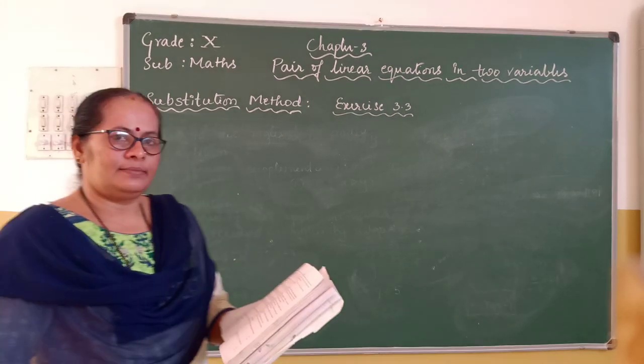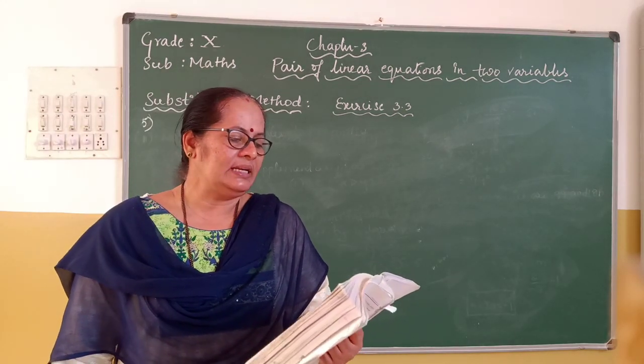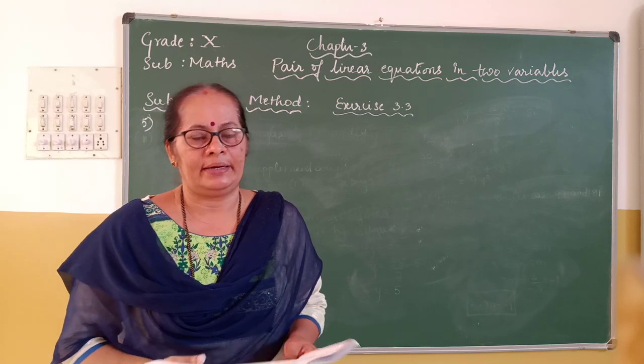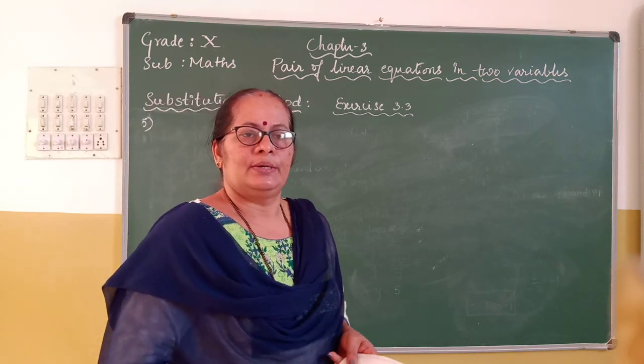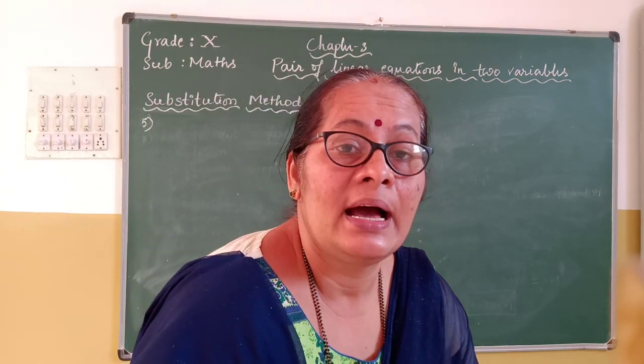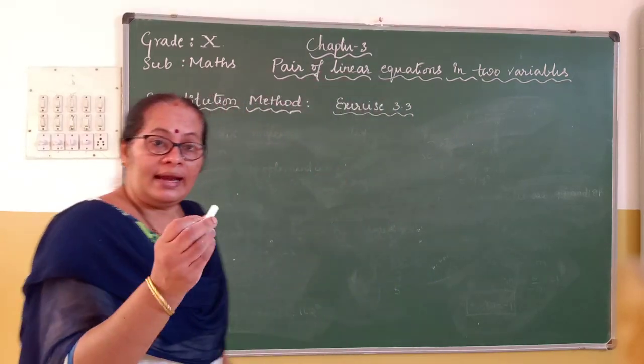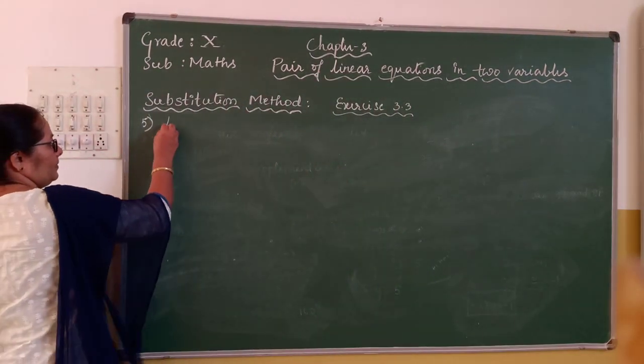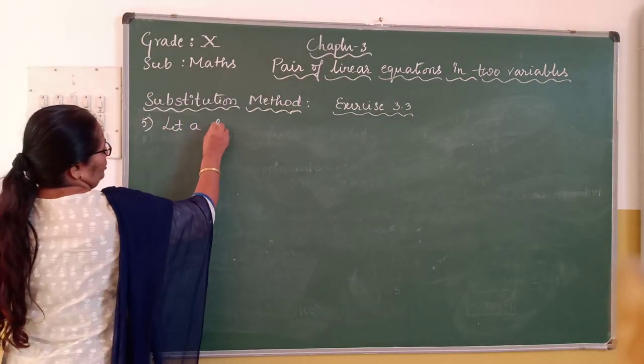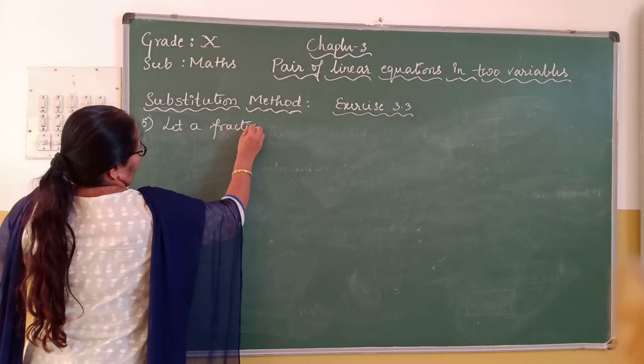A fraction becomes 9 by 11 if 2 is added to both the numerator and denominator. So let the fraction be x by y.